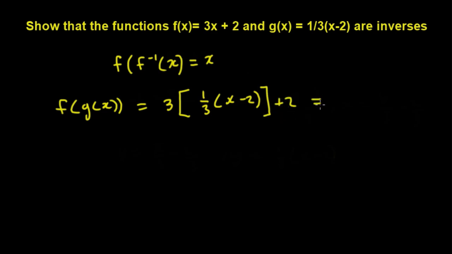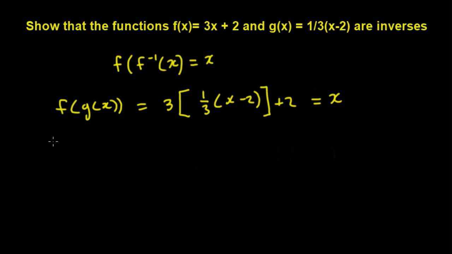So that's going to equal, well, the 3 cancels with the 3, and this plus 2 here is going to cancel with the minus 2 there, and we're just going to be left with a value of x. So we've seen that f of g of x is equal to x, so these two functions are inverses.